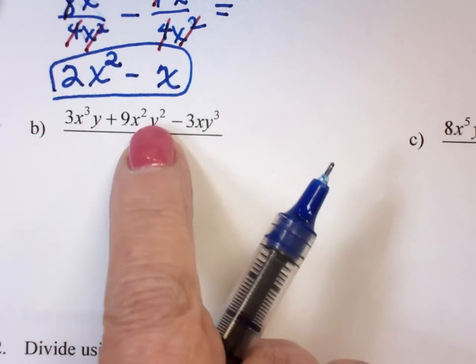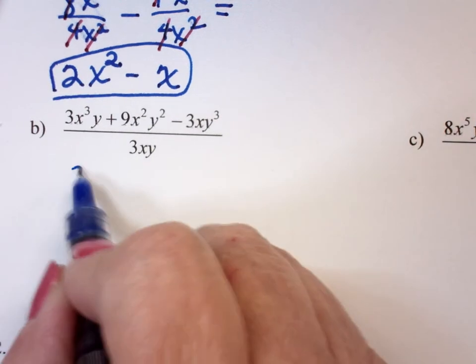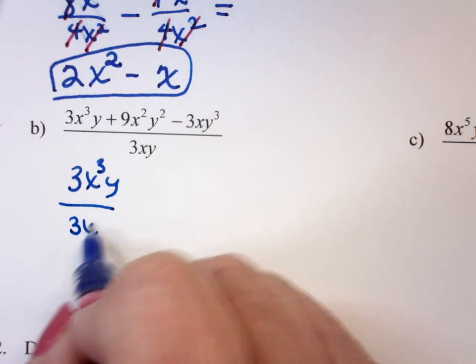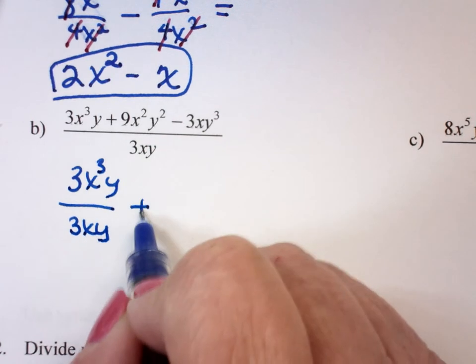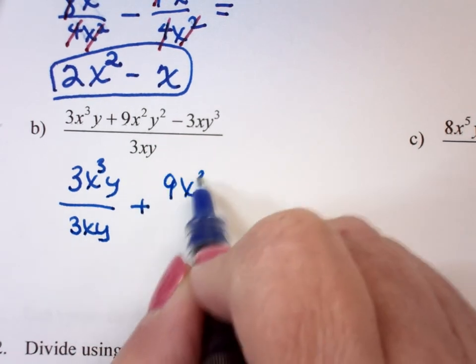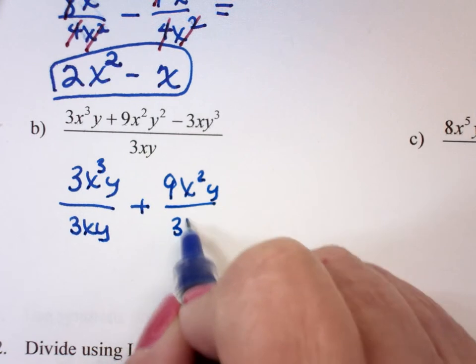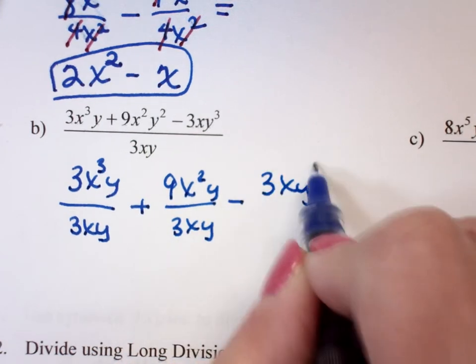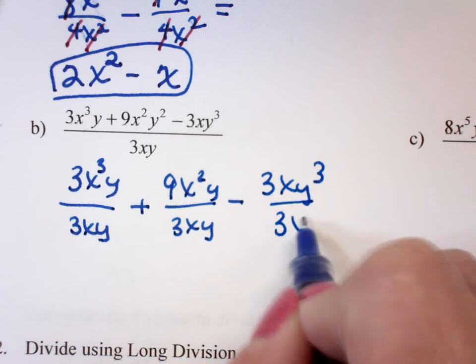Now I've got 3 terms, so this becomes 3x cubed y over 3xy plus 9x squared y over 3xy minus 3xy cubed over 3xy.